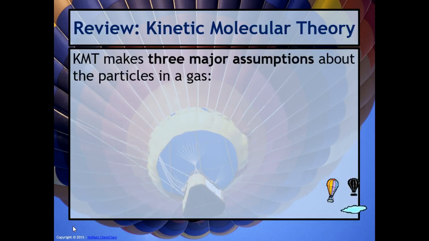So let's get started. In the video that we watched, I told you to watch for KMT. KMT makes three major assumptions about particles in gas, and KMT, if you didn't catch what it was, is kinetic molecular theory. Kinetic means movement, molecular is molecules, and it's just a theory.